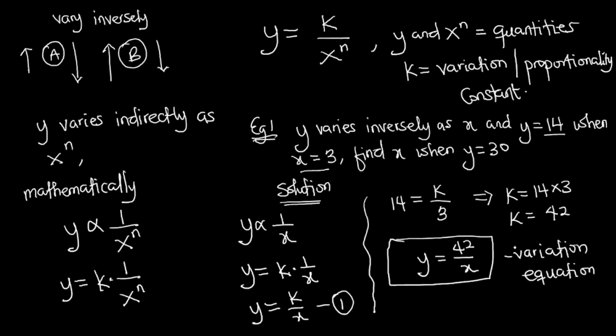Now note that the variation equation here is the same as the variation equation here. The only difference is that here we've been able to compute the value of the constant when we were given two variables, that is y to be 14 and then x to be 3.